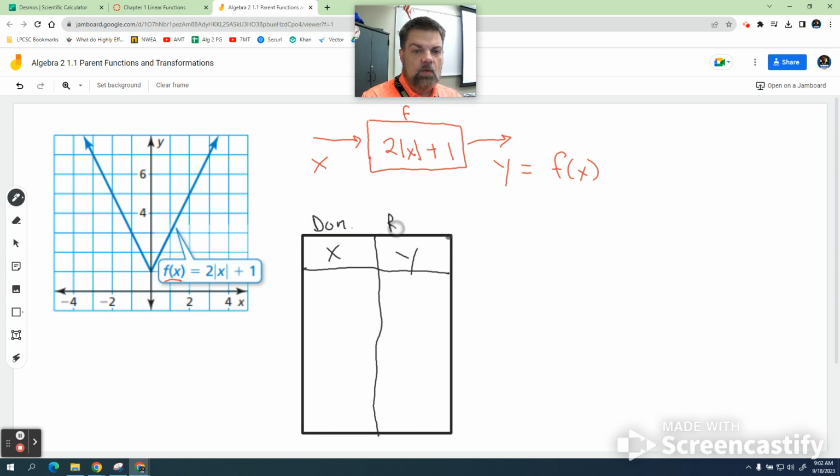My y is the output, which is the range, right? And that's domain. So this is the input, and this is the output. Also, this is the independent variable, and this is the dependent. Okay?